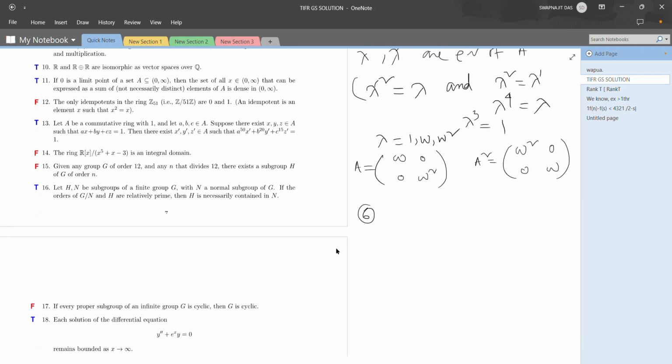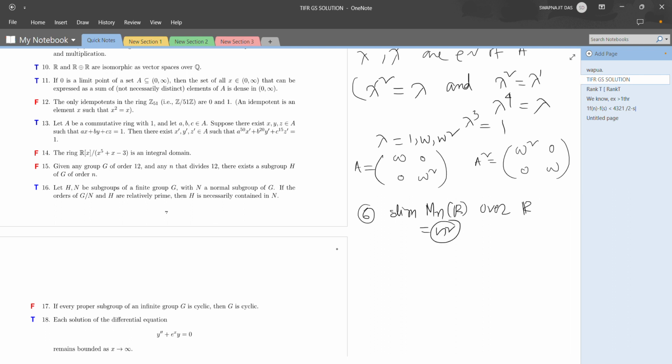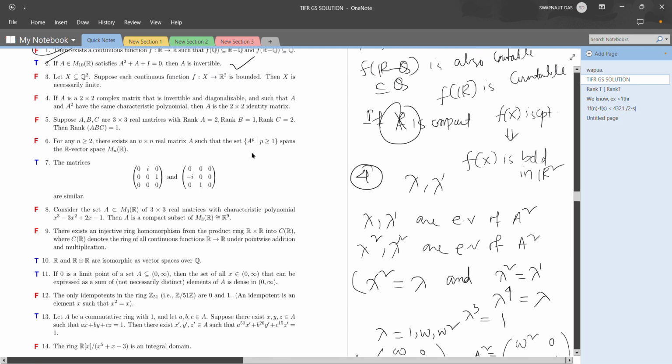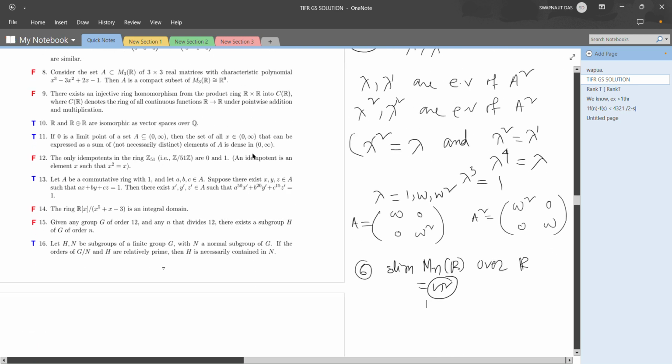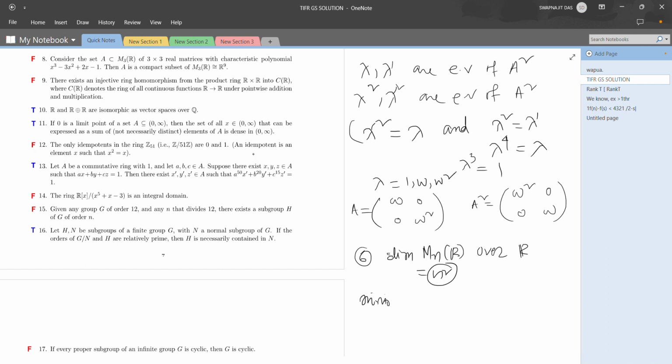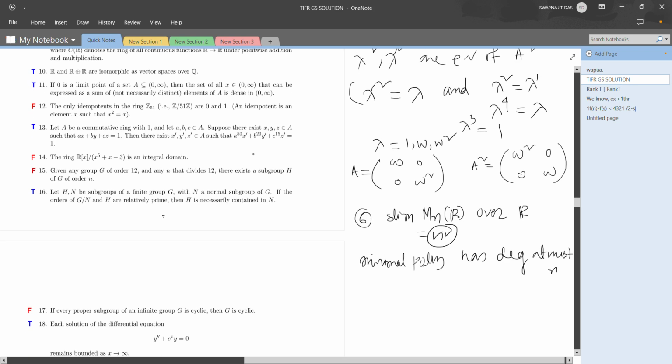Problem number 6 says that for any n greater than or equal to 2, there exists a real matrix A such that A^p, for p greater than or equal to 1, spans M_n(R). So the dimension of M_n(R) over R is n², right? Now if you choose any matrix, that means the minimal polynomial has degree at most n.